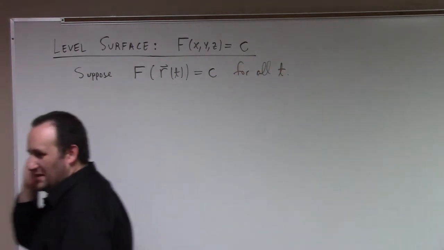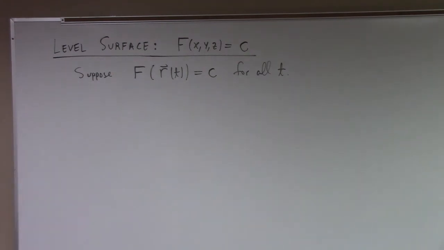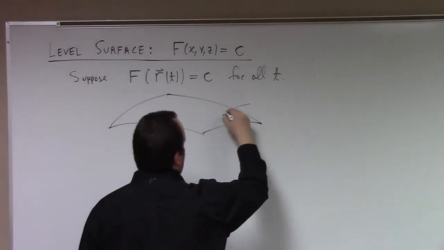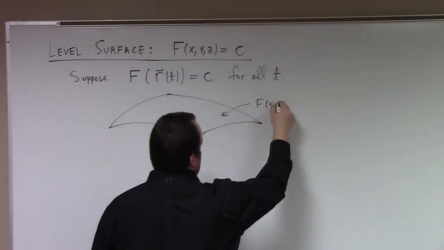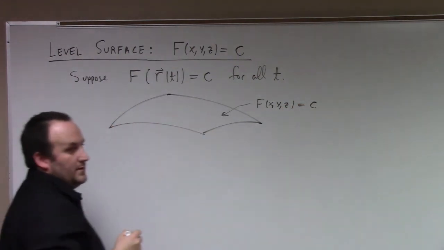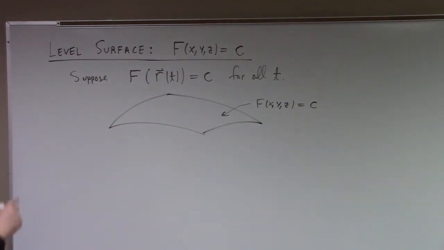So what does that mean? If you want to think about it geometrically, we've got some surface, f of x, y, z equal to c, and r of t is a path. So if we plug the path into the level function and it gives us c, what does that mean? That means that the path lies on the surface.